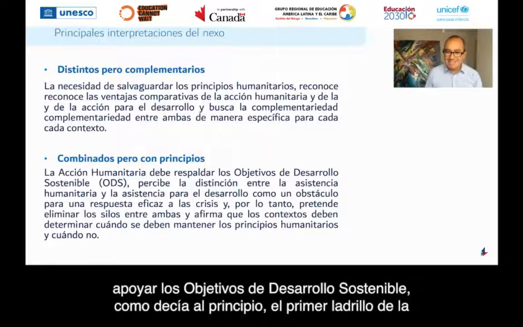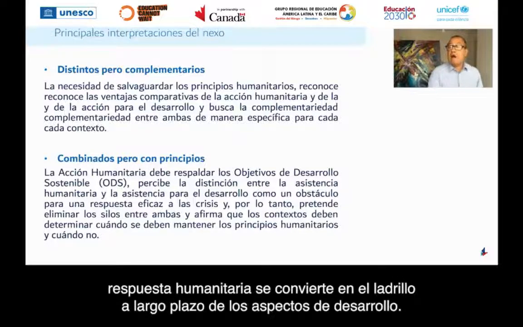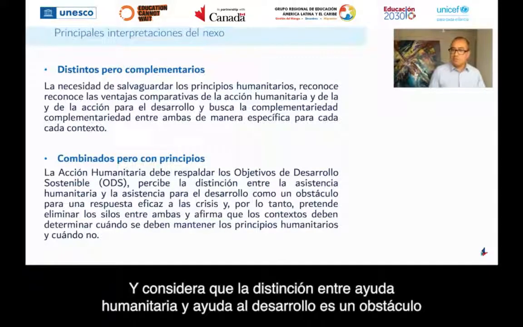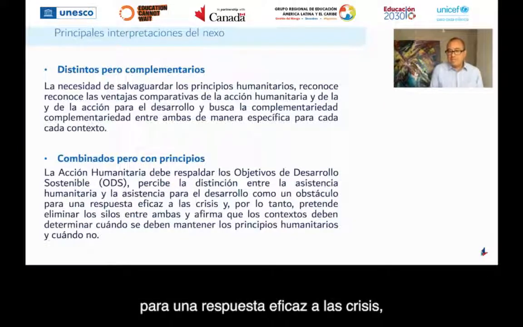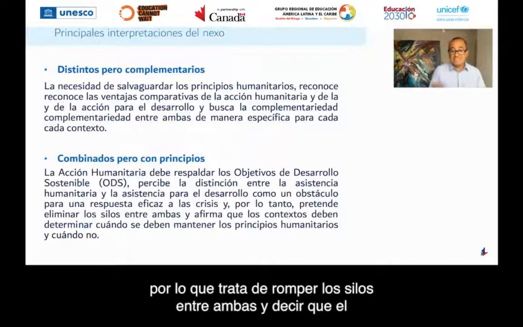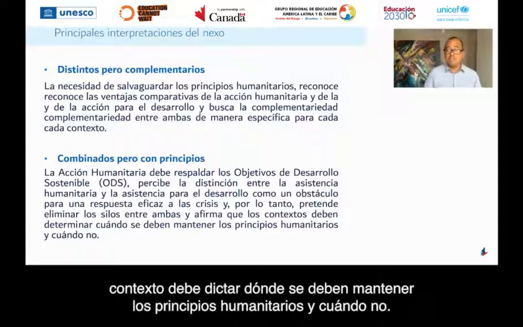As I said at the beginning, the first brick of the humanitarian response becomes the long-term brick of the development aspects. It sees the distinction between humanitarian and development assistance as an obstacle to effective crisis response, and therefore seeks to break down the silos between the two, and says that context should dictate when humanitarian principles should be upheld and when not.